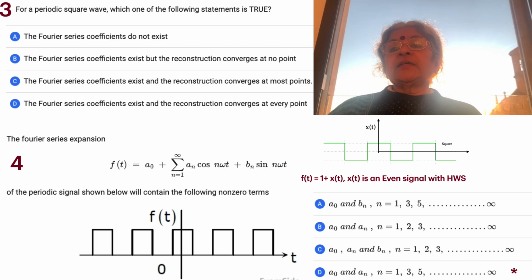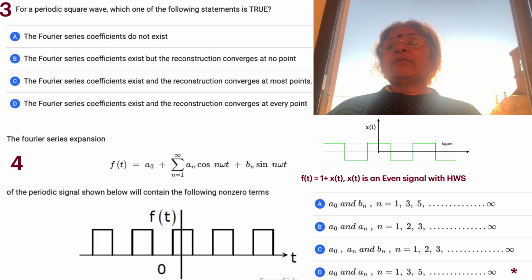Now we can talk about x(t). x(t) is an even signal. It also has half-wave symmetry. If that is the case, then since it's even, it will have a0 and ak.